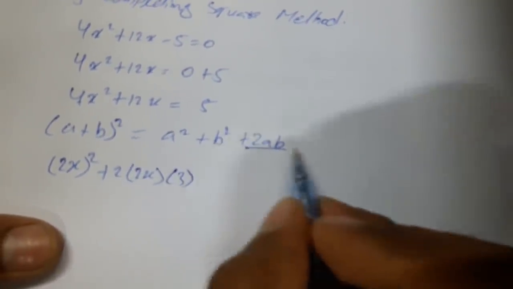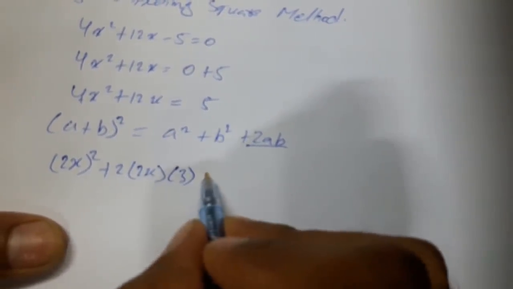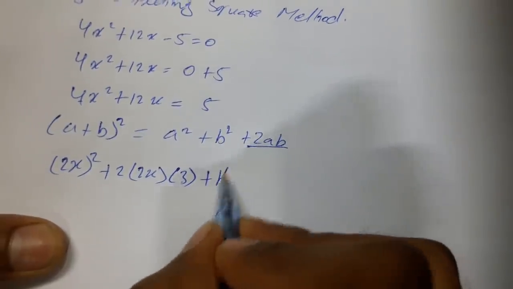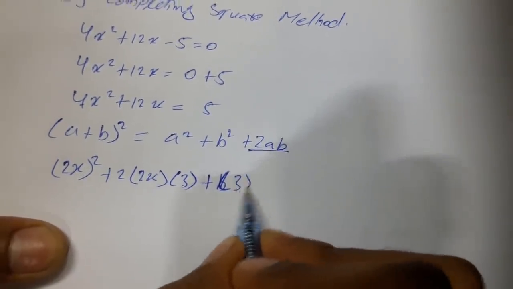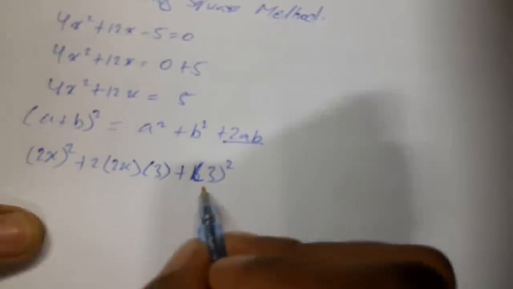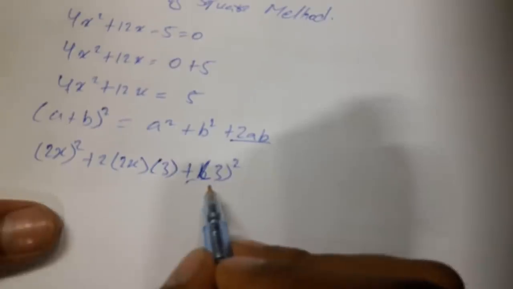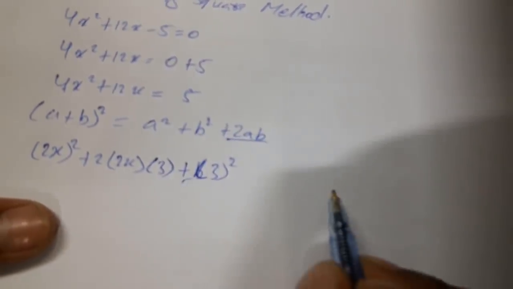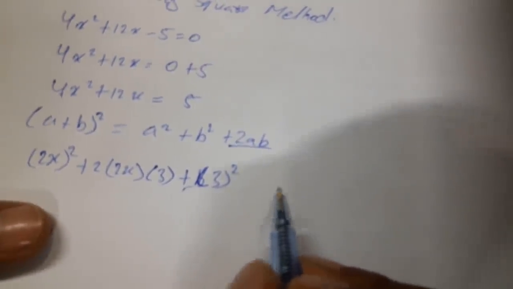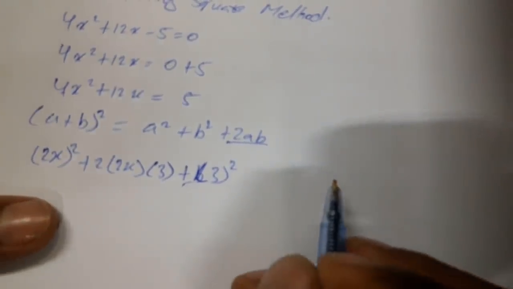So what is b? b is 3 now. So I will add b's value, meaning I will add 3 square. The maths rule says that if you add a squared value on one side, you have to add the same value squared on the other side.